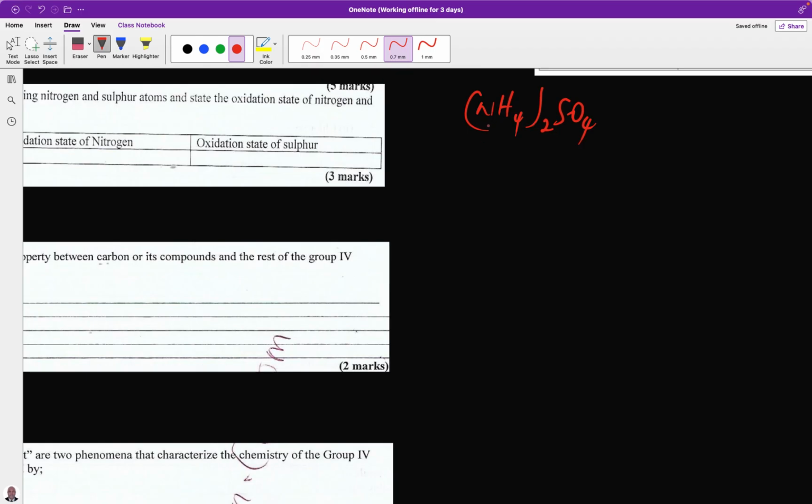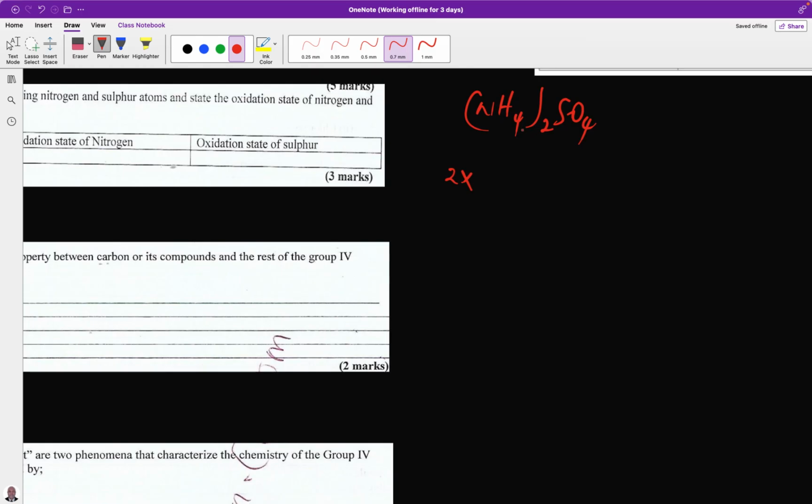For nitrogen here, remember sulfate is a radical. It has an oxidation number of -2. So here, let me take nitrogen. Because there is a 2 outside here, I will say nitrogen is 2x, and this is a neutral molecule.